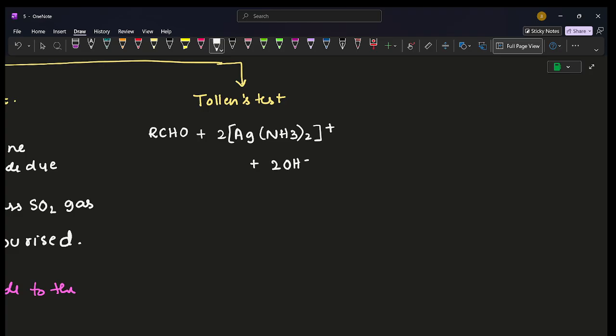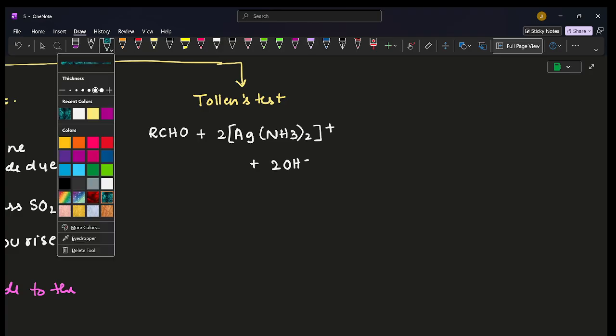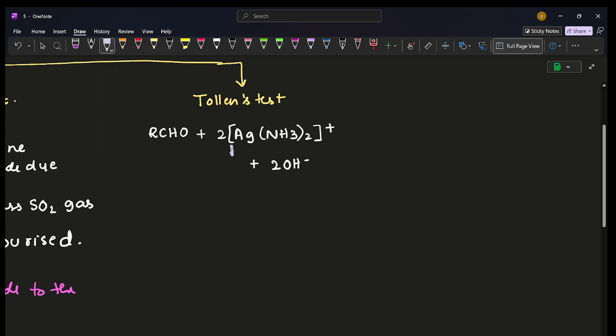So this is basically the Tollens' reagent, [Ag(NH3)2]+. Remember everything, because they might give you [Ag(NH3)4] and they might give you 2+, but always remember it's [Ag(NH3)2] whole plus, okay?